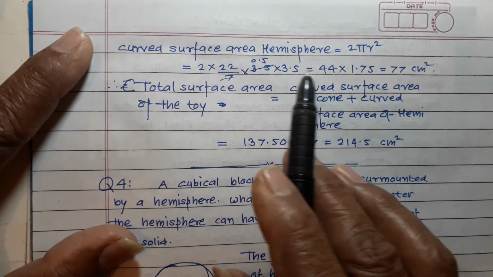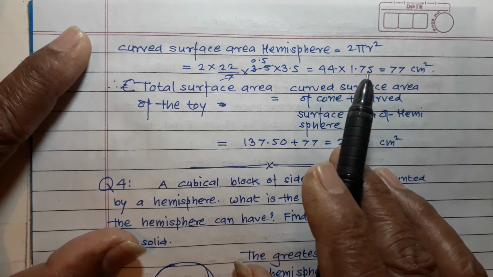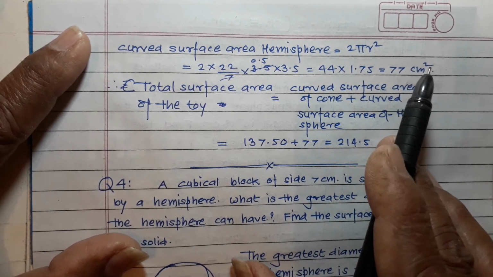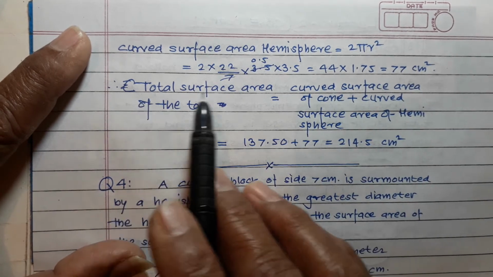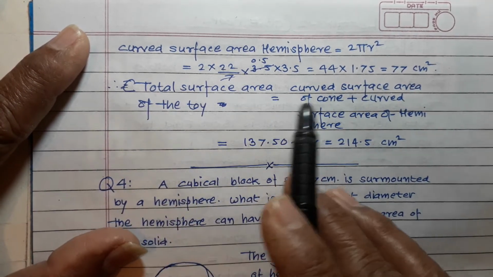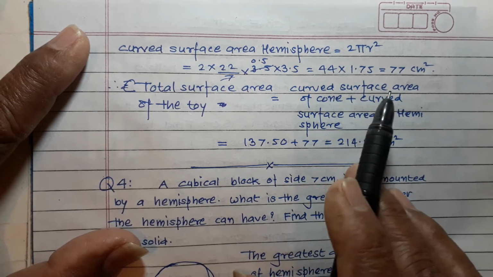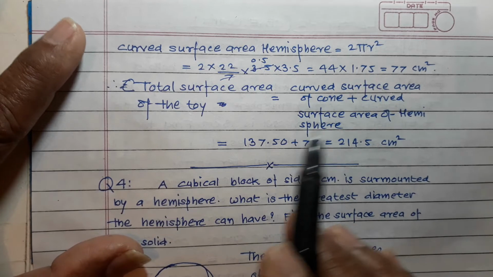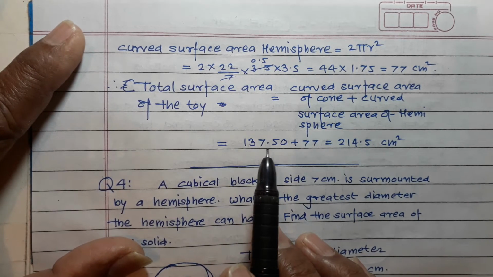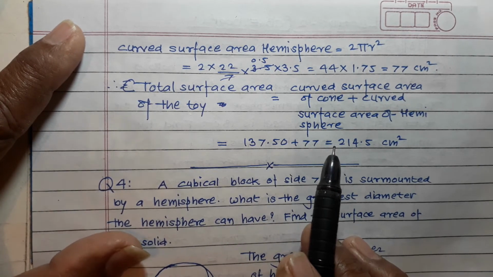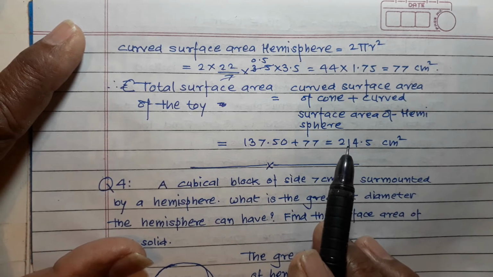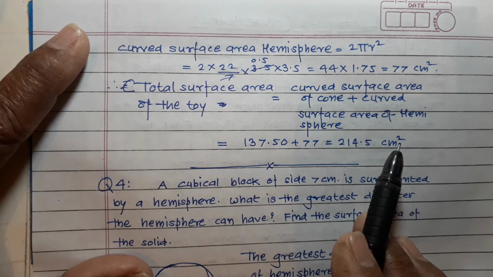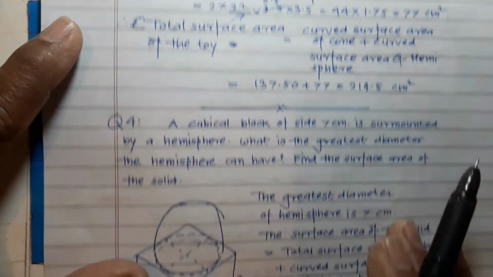Simplify this properly. 44 into 1.75 gives you 77 cm square, and hence the total surface area of the toy is equal to curved surface area of cone plus curved surface area of hemisphere, is equal to 137.50 plus 77, which gives you 214.5 cm square.